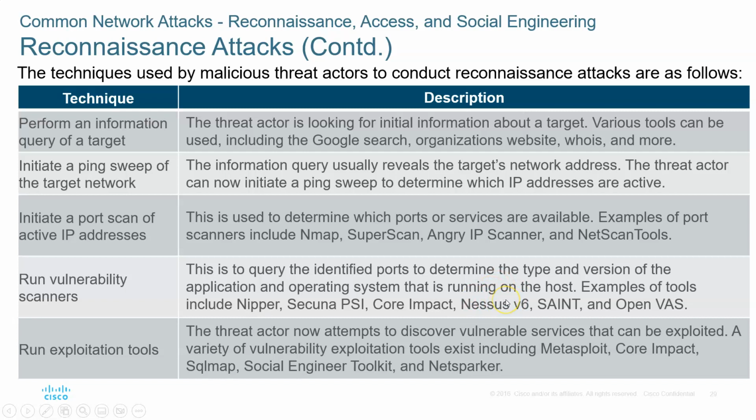Nessus version 6 is pretty good, and the paid version is of course even better, but you can download the free version to scan your network for vulnerabilities. Run exploitation tools. There are plenty of them out there that will try to discover any vulnerabilities on your network. Again, take a screenshot of this.